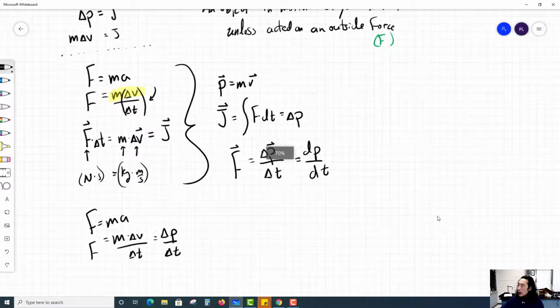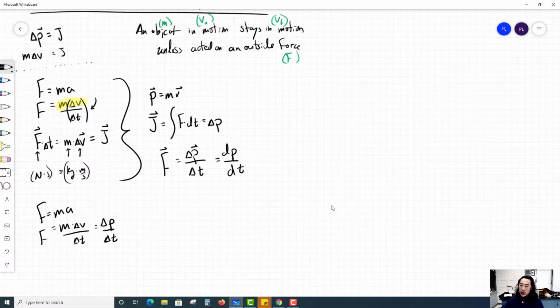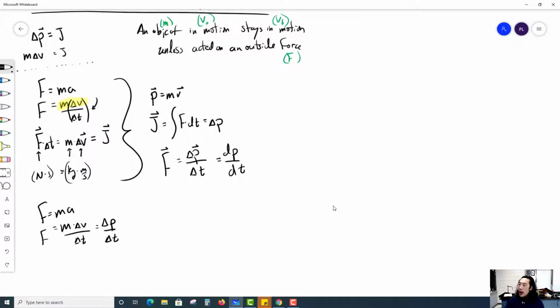Now let's get into a little bit more of the calculus behind all of this. I'm going to use this second equation for all of my explanations. So I'm going to write this equation up here, F times dt, it's not a dot product, is equal to delta p.